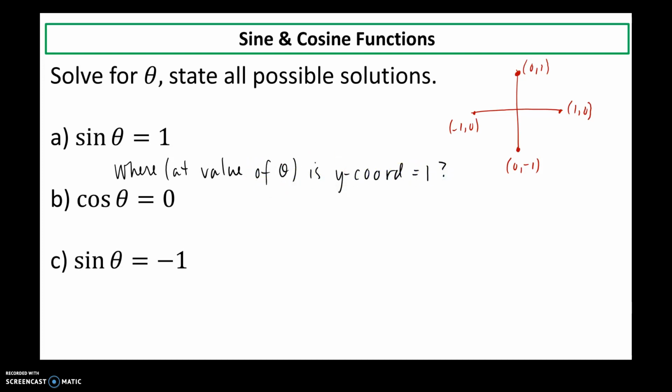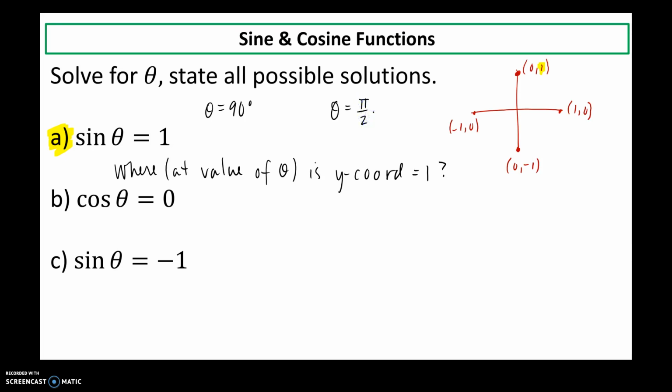That's the question you're answering, because sine is associated with the y value. So for answer A, my y coordinate is equal to 1 only up there. So in degrees, what's that angle measure? That angle measure is 90 degrees. In radians, that angle measure is pi over 2.